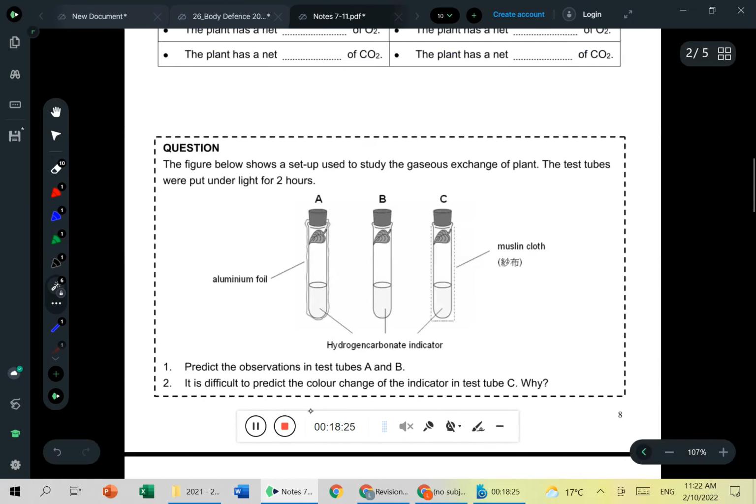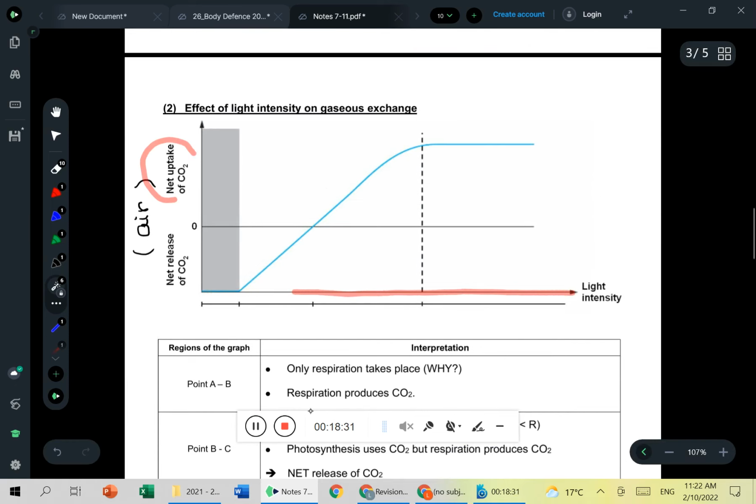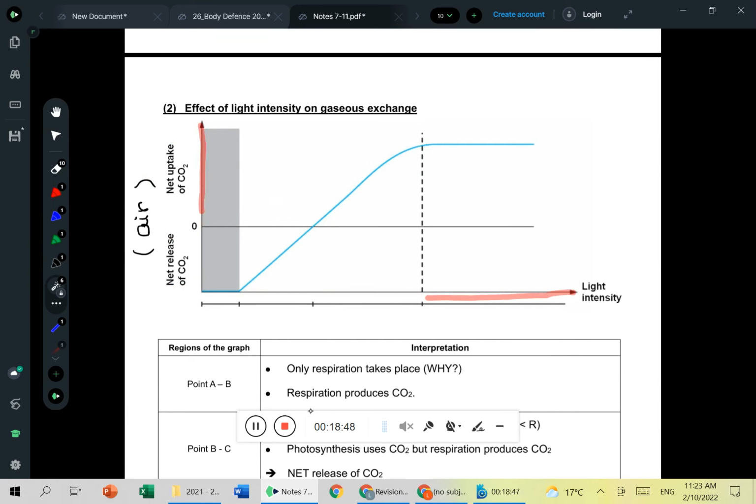So that's why the light intensity would affect how much CO2 the plant takes in or releases as a result. And that is the meaning of this graph. How light intensity would affect the release or uptake of CO2. And we think light intensity would affect because light intensity would affect the rate of photosynthesis.